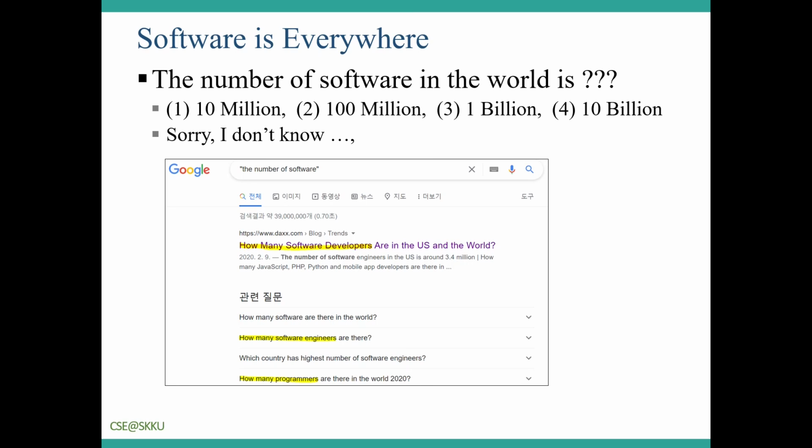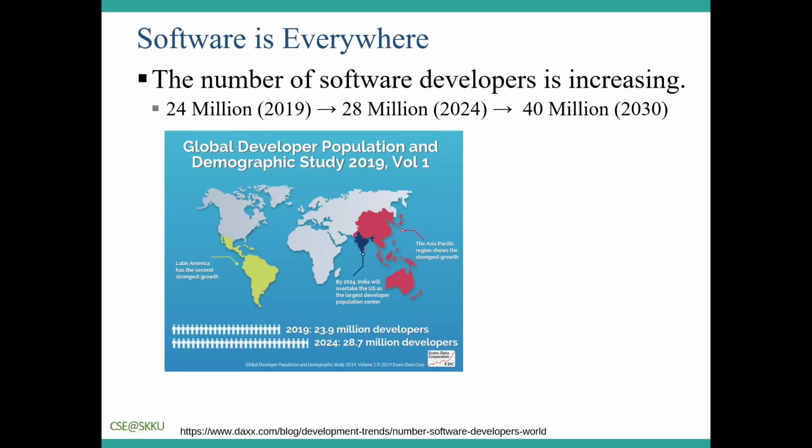Instead, I came across some interesting statistics about the number of software developers around the world. According to this article, the number of software developers worldwide was about 24 million in 2019.